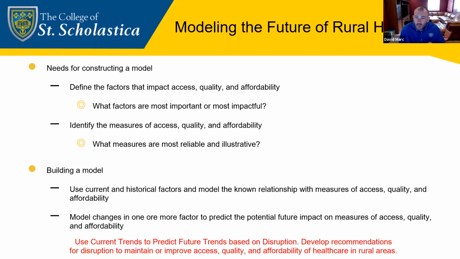Those are two requirements that we need clarity on in order to construct a good model to predict what will happen in the future, and the disruption that needs to take place now for us to have an impact on the rural healthcare space so that care can be accessible, of high quality, and affordable.